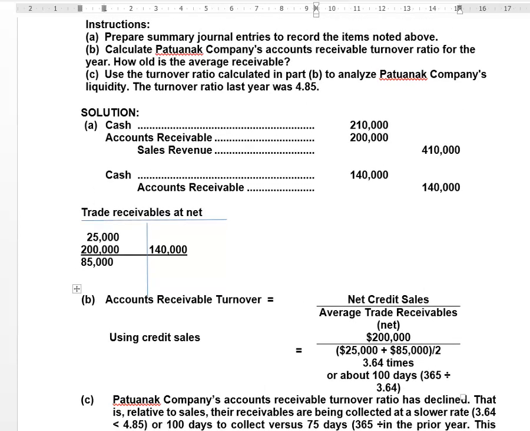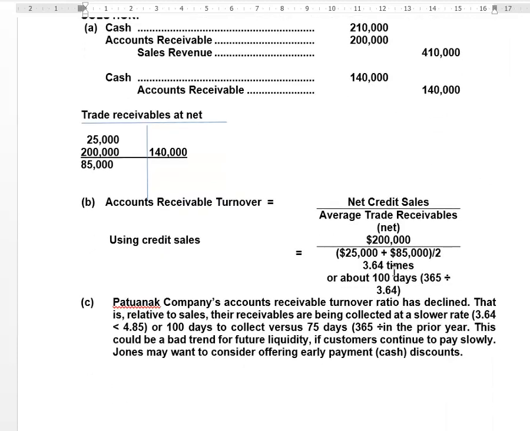So now, if you needed to comment, as we do here, on the company's liquidity, we know last year receivables were turning over at 4.85. Well, if they're only turning over 3.64 times, that's less than 4.85 times. So in fact, we're collecting slower this year.